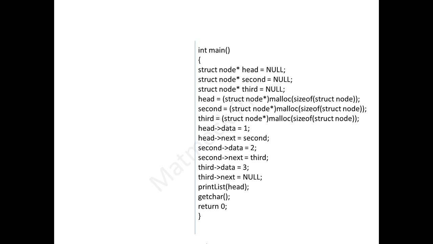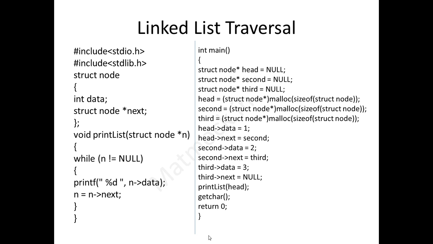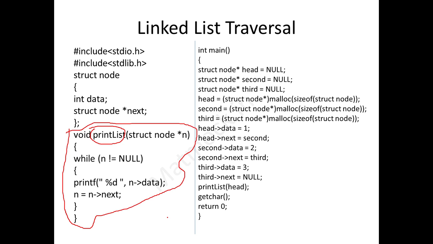In linked list traversal, we will try and traverse all the 3 nodes which we have created earlier by using a function print list.